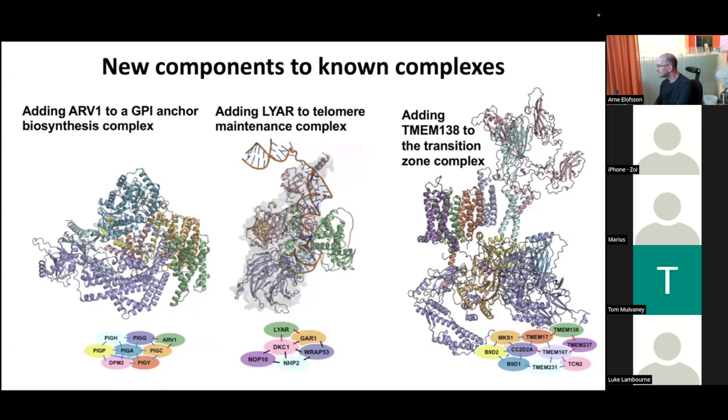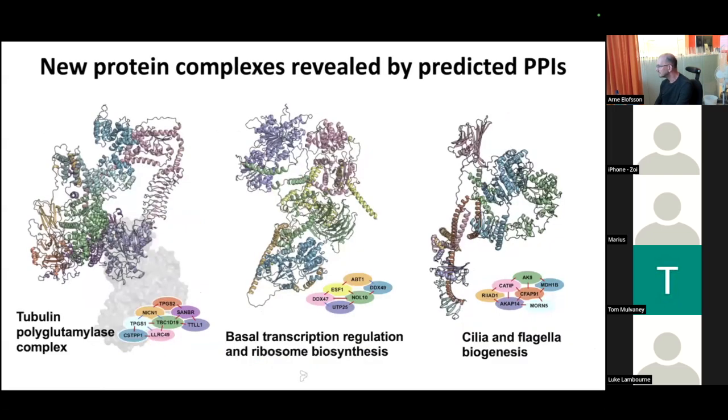Then we can potentially add a new component to these complexes. We can also identify protein complexes de novo. Here we showcase a couple of complexes that are dominated by new members. If you dig into all the pairwise data, you can try to identify new complexes that were missed by experimental studies.